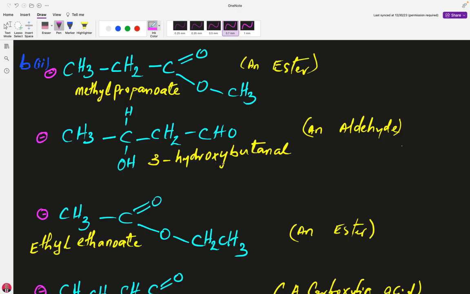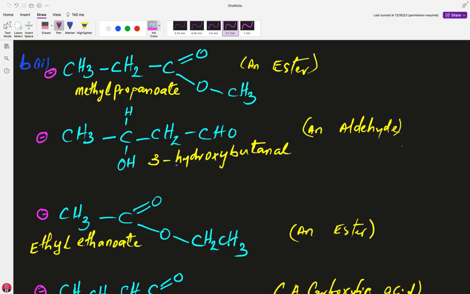Because the functional group is an aldehyde, and we have another functional group, a hydroxy group, which is attached here. This is the first carbon, this is the second carbon, this is the third carbon, and this is the fourth carbon. We now say the hydroxy group is attached on the third carbon.